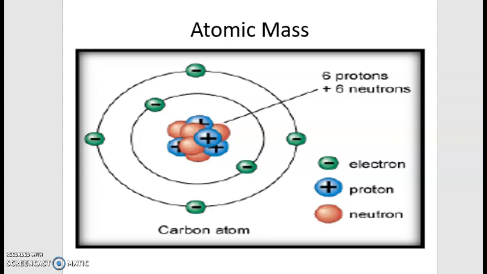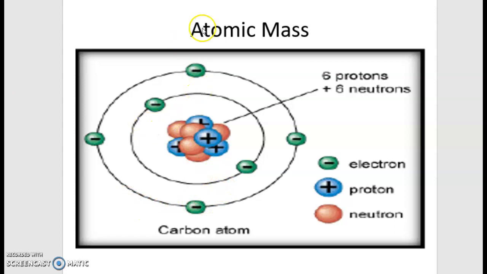I'm going to show you how to use the key on the periodic table to show you what is inside of each block on the periodic table and how you use that to determine the number of protons, electrons, and neutrons. So what you see here is just the copy of the atom.